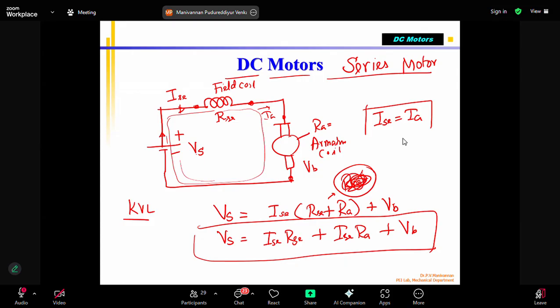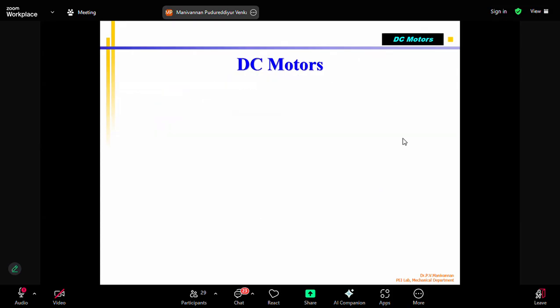Now, we know that the motor torque T is proportional to IA and phi.